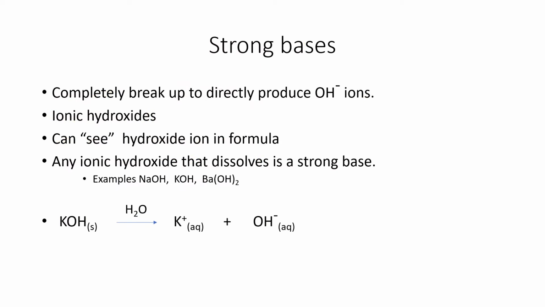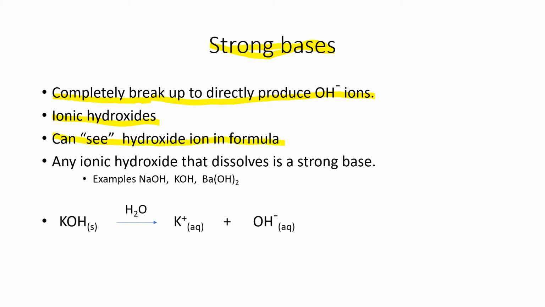Our first type of base that we want to talk about are the strong bases. So strong bases, just like strong electrolytes, strong acids, completely break up. So these are going to completely break up to directly produce these hydroxide ions. We can think of these as ionic hydroxides. And we don't really need to memorize a list.